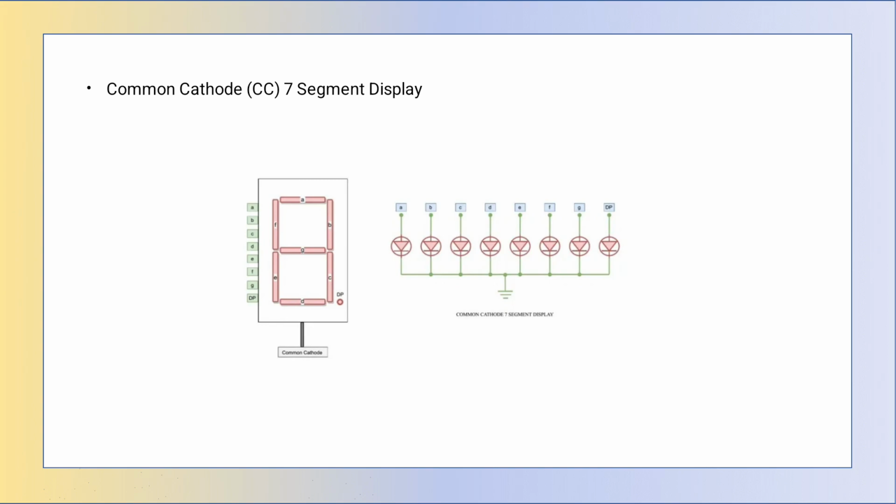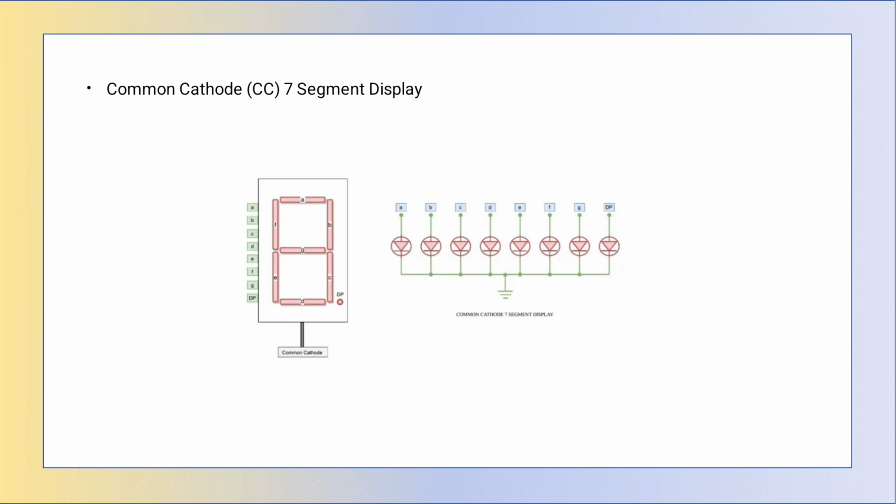Common anode and common cathode 7 segment displays work differently. In a single 7 segment common cathode LED display, a low voltage is supplied to the cathode to turn it on when connected to a positive supply. The LED glows when on, otherwise it is in the off state.